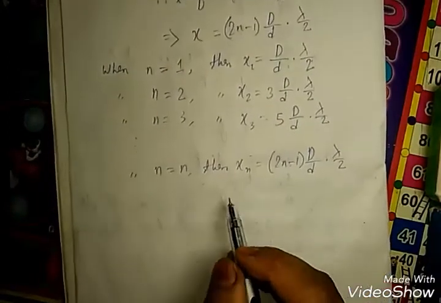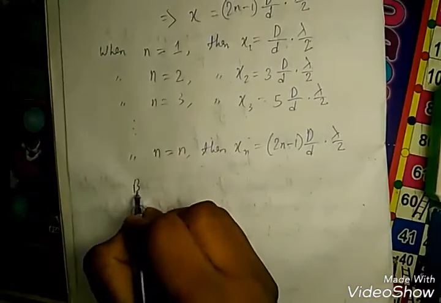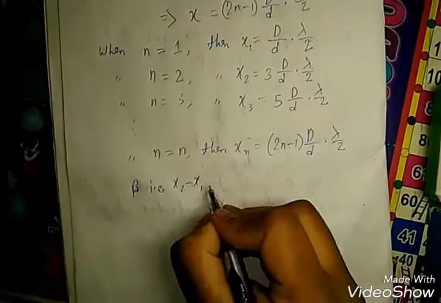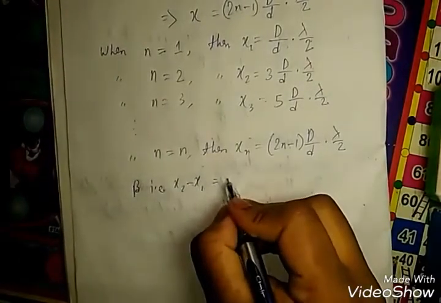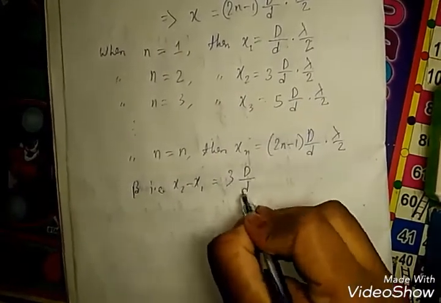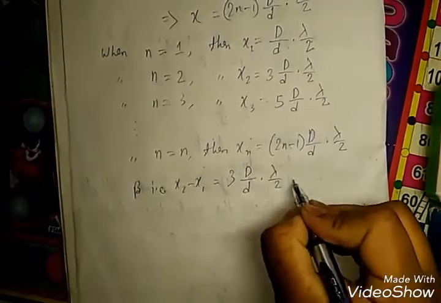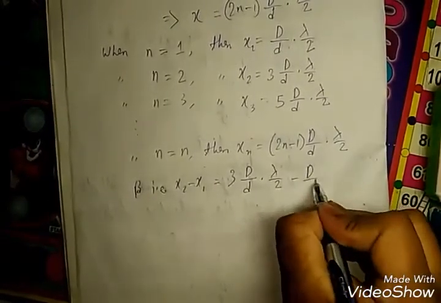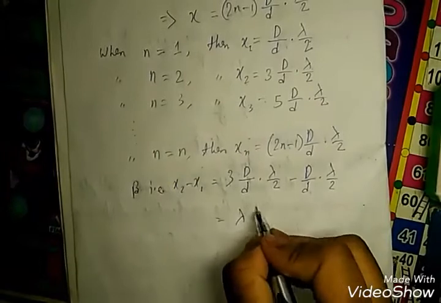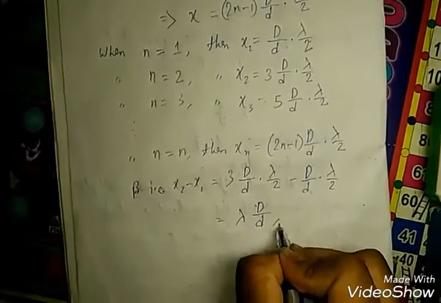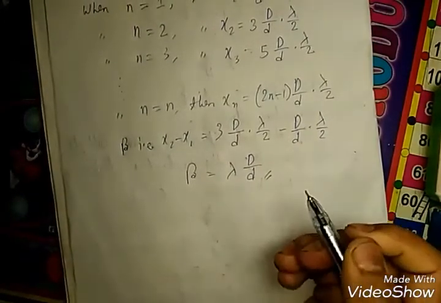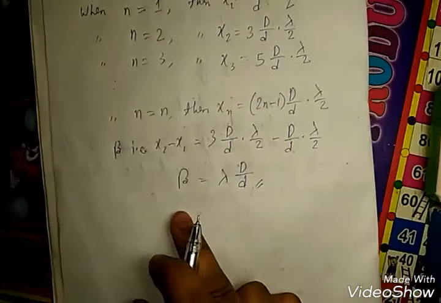Now the fringe width beta, that is x2 minus x1, is equal to 3 into capital D by small d lambda by 2 minus capital D by small d into lambda by 2. So we get lambda capital D by small d, which is the fringe width beta. So this is Young's double slit experiment.